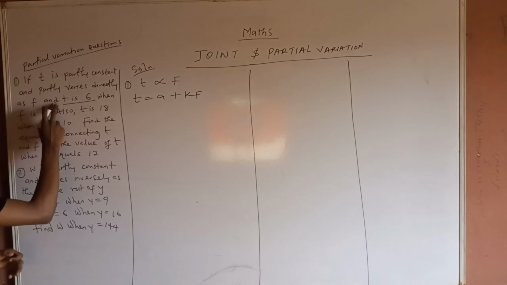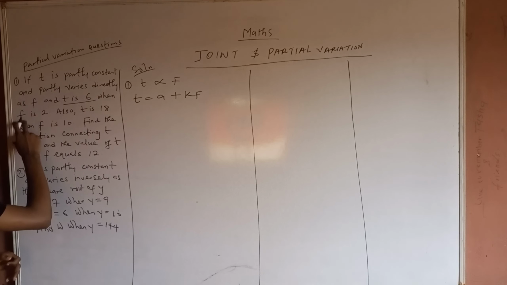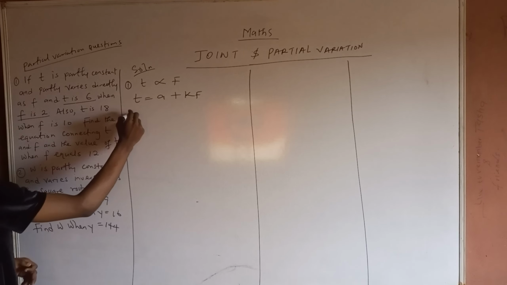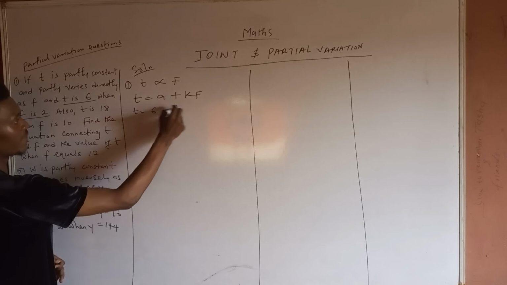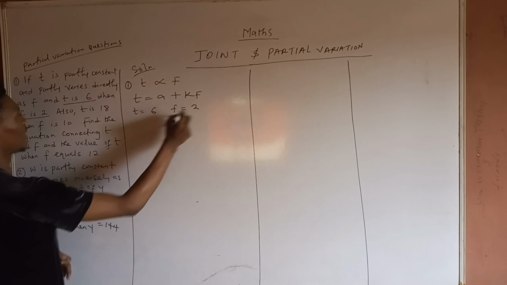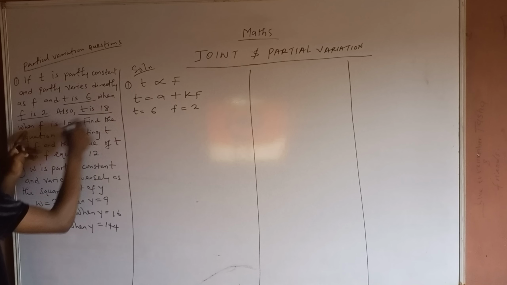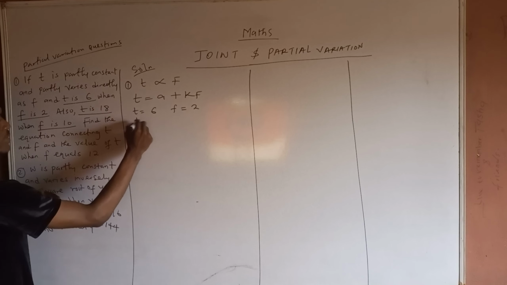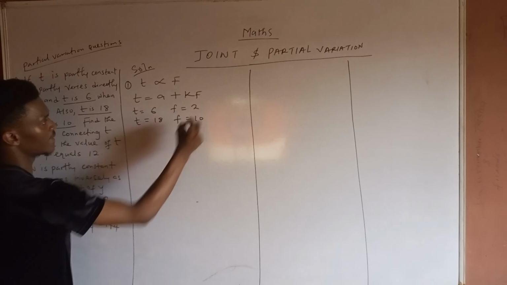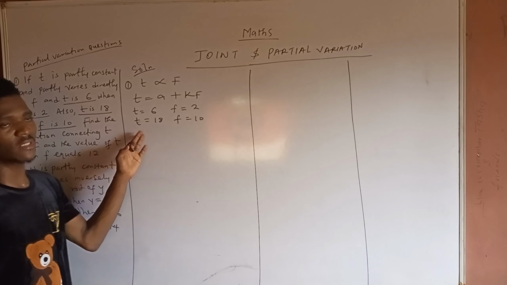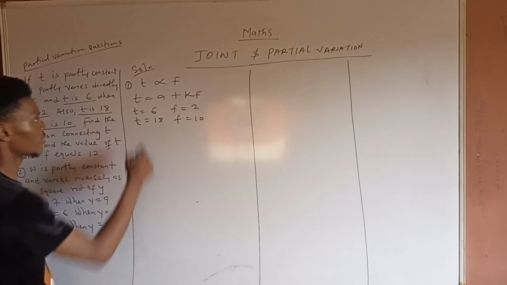So now to the question, our t is 6 when f is 2. So that becomes, in the first statement, t is equal to 6 when f is equal to 2. And in the second statement, t is equal to 18 when f equals 10. So this ultimately will result in simultaneous equations, all right, when we substitute.